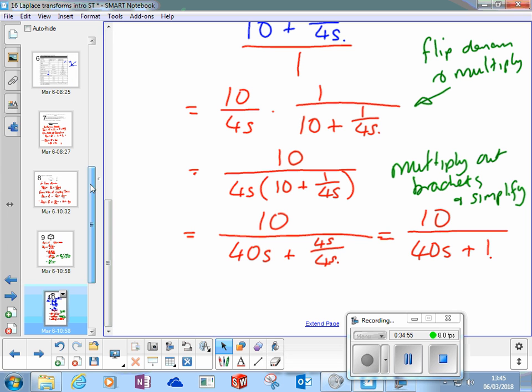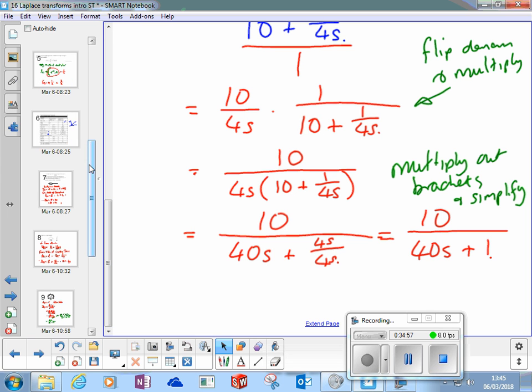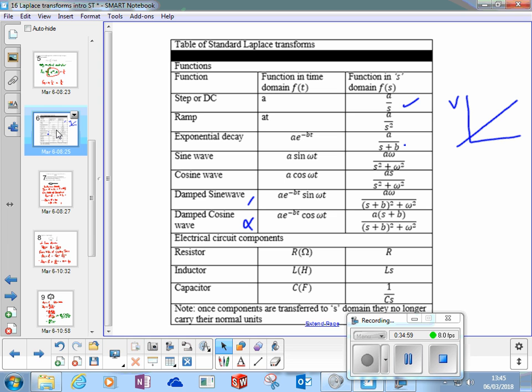If you just quickly look back at the table, you can see why you might want to do all of that. If you look at all these transforms here, there's only one that's got an S on the top, and that's the damped cosine wave that I said we probably won't use anyway. So you're often looking to get any kind of S away from the numerator.